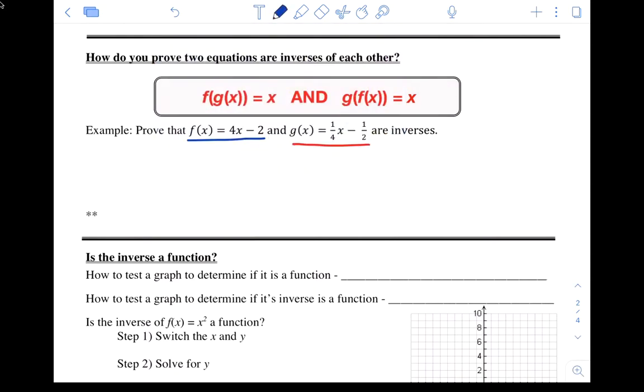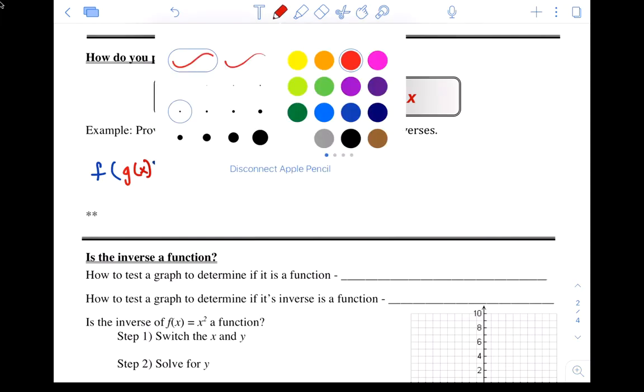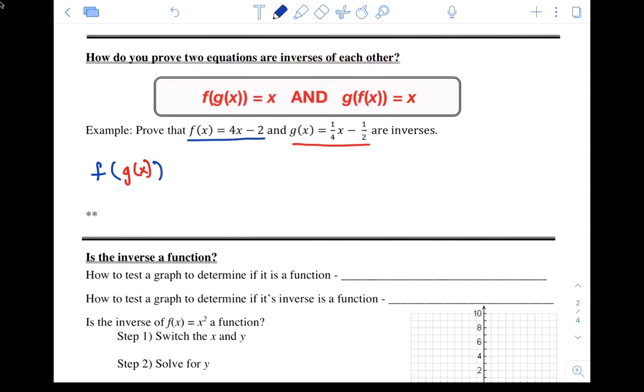So, if I'm going to start proving that they're inverses, I need to find f of g of x. And since you just learned how to do this process, I'm going to refresh it, but not spend too much time on it. So, how do we find f of g of x?